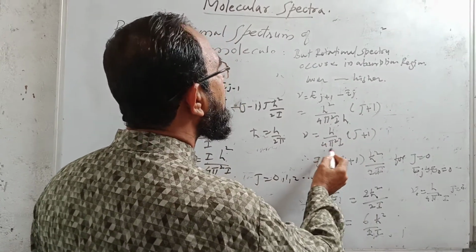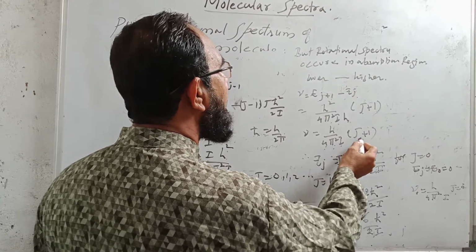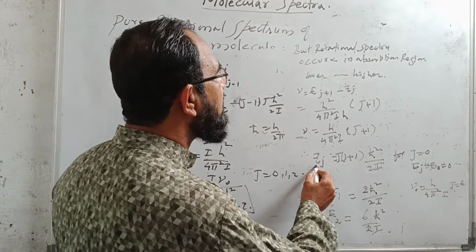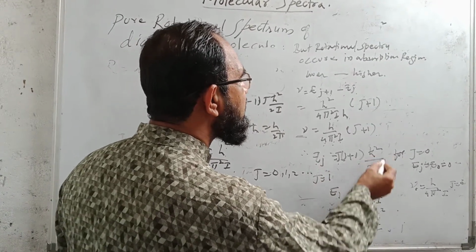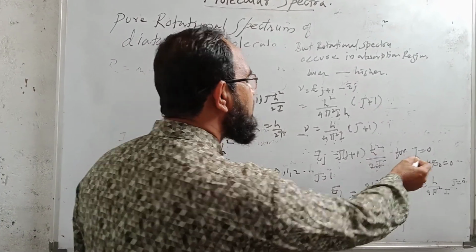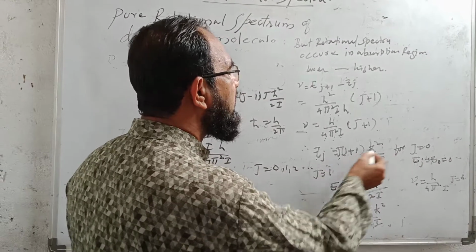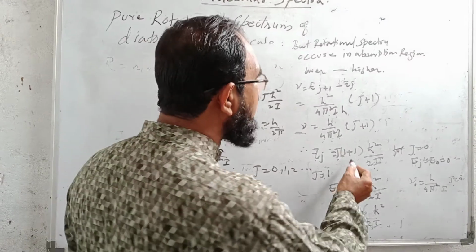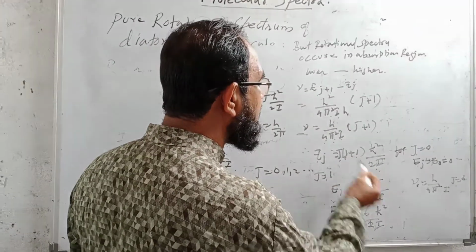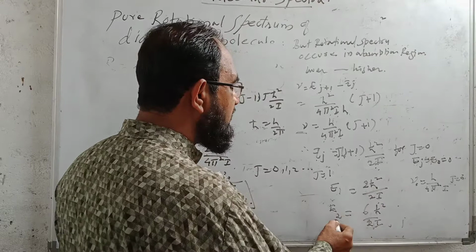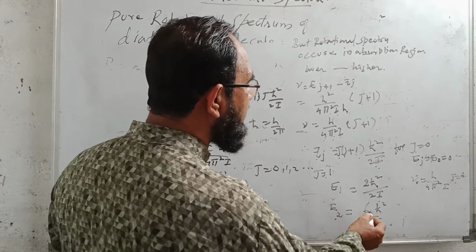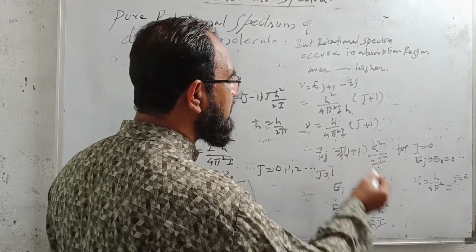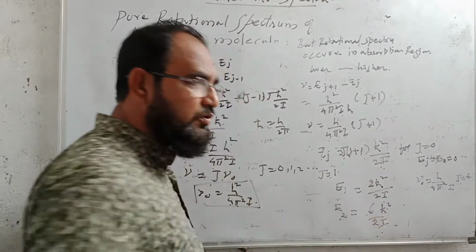The energy is equal to j into j plus 1 h cross square upon 2I. If I substitute j equal to 0, the energy is 0. If I substitute j equal to 1, that is 1 into 2, we get 2 h cross square upon 2I. For j equal to 2, it is 2 into 3, which is 6 h cross square upon 2I.